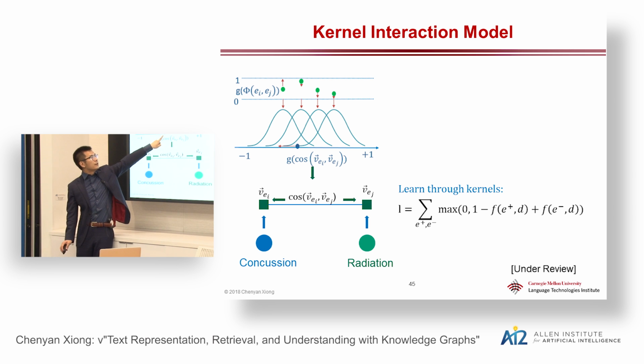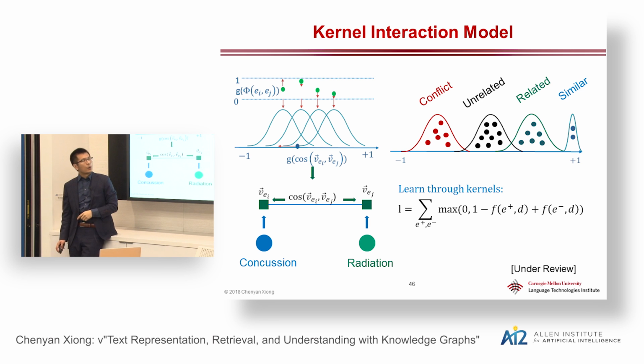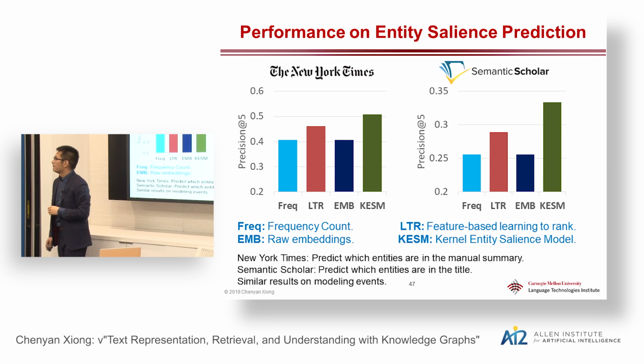So maybe for these pairs of entities, their cosine similarity should be much lower than the current one. And then this will be converted to the embedding space, to train all the embeddings and reallocate all your items in that high dimensional embedding space in a much better way. For example, not only those that are similar, but maybe also groups of entities that are related, unrelated, or conflicted at different ranges.